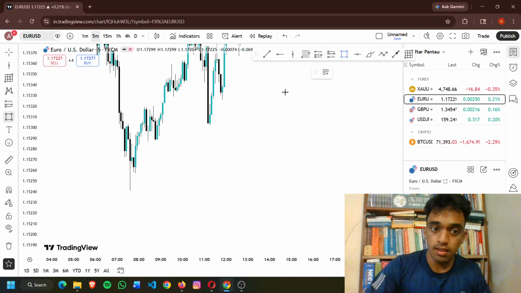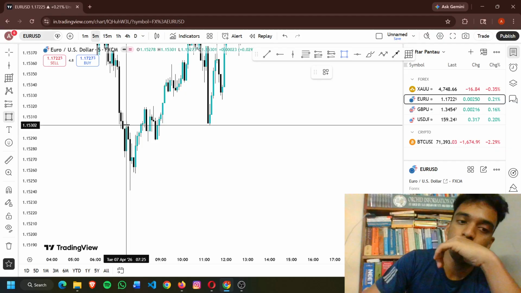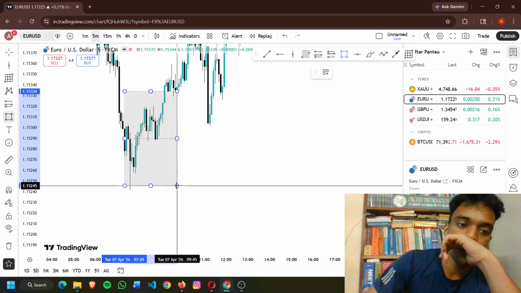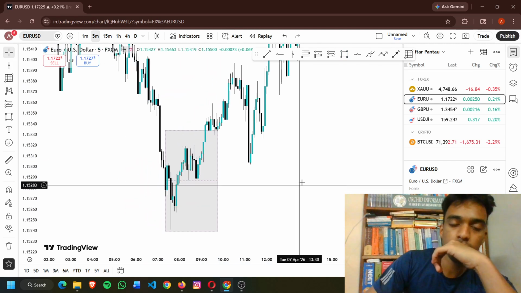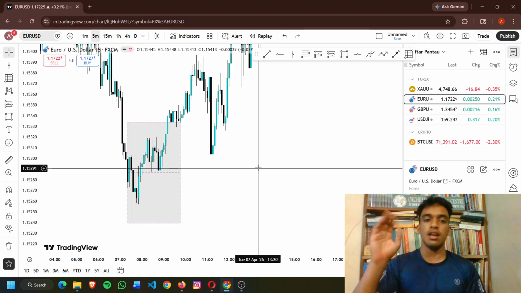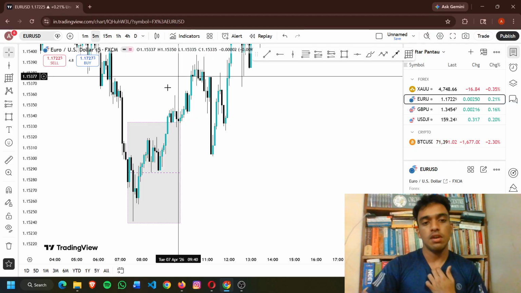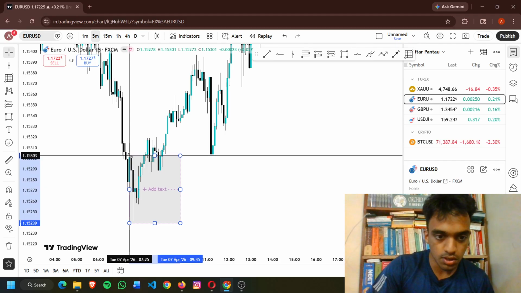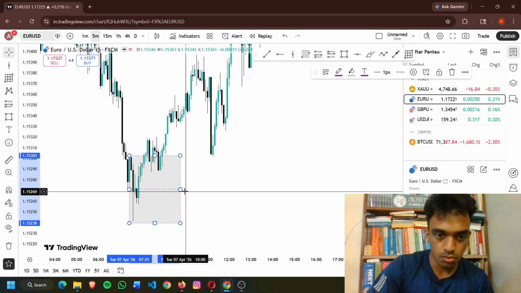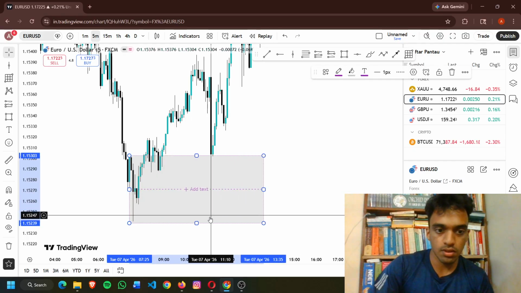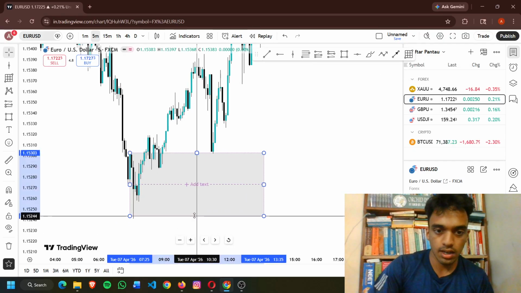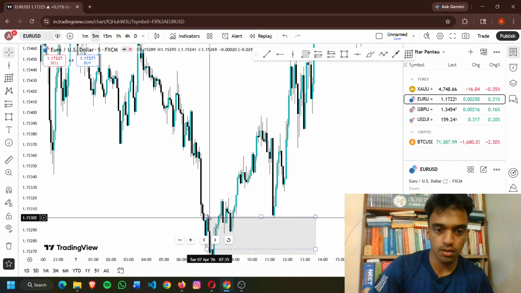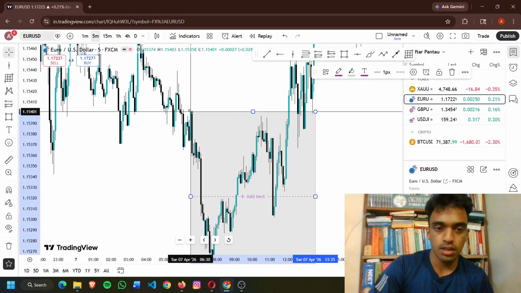Okay, this is an example where people might mess it up. People might take it from the top, but yeah, don't take it from the top. I told you, the most recent high and the most recent low. We have to mark from the most recent high to the most recent low. So this didn't get tapped, or if we went from this high to this low, yeah, it got tapped.